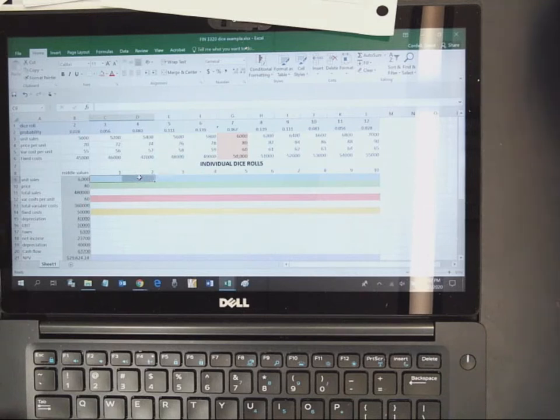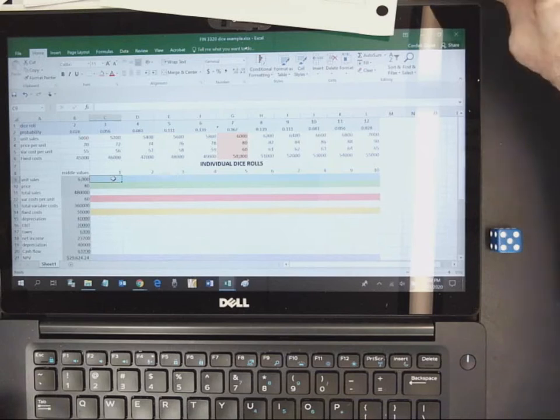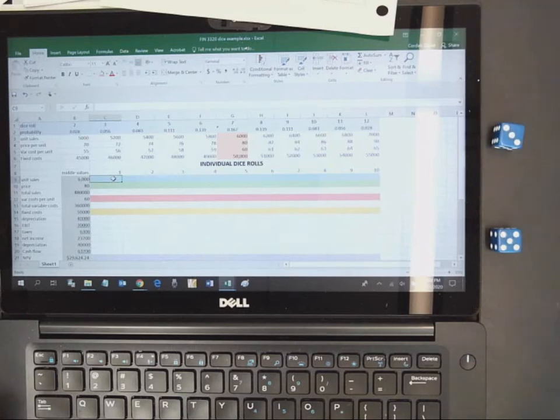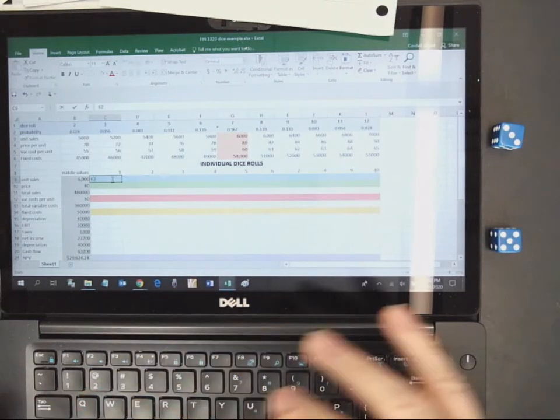I've got blue for unit sales, and green for price per unit, and so forth. So first I'm going to roll my blue dice. You don't see that, but that's a 3 and a 5, which is 8. And according to this, unit sales, if you roll an 8, would be 6,200. So I'm going to put 6,200 here.